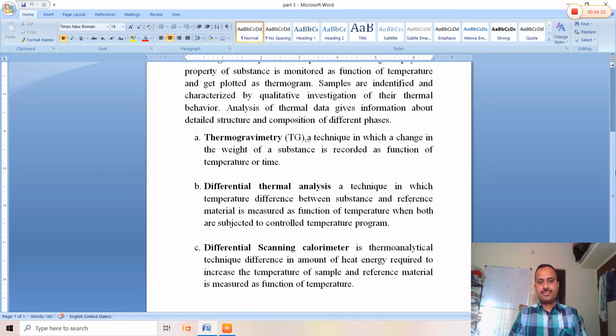So this is the differential scanning calorimetry. So these are the three components of thermal analysis: thermogravimetry itself, differential thermal analysis, that is DTA, and the third one, differential scanning calorimetry, that is DSC.